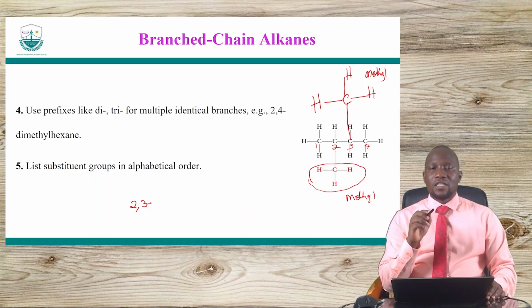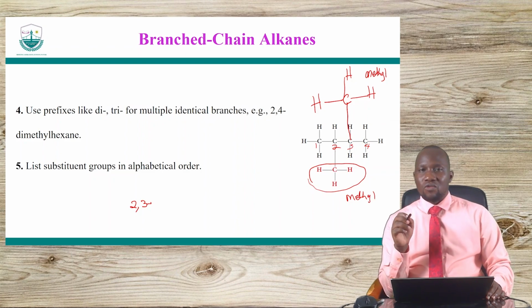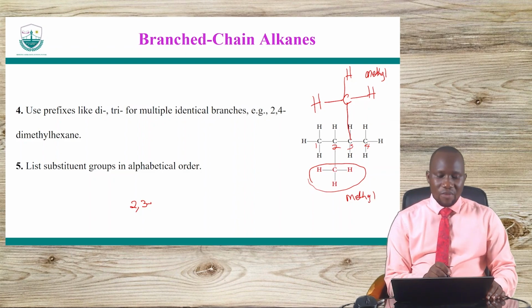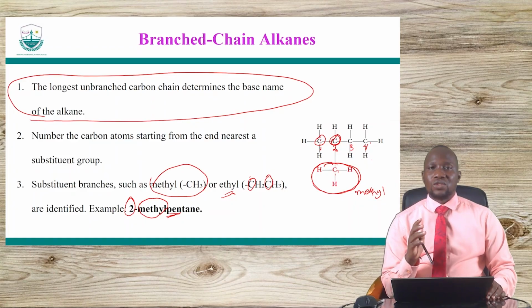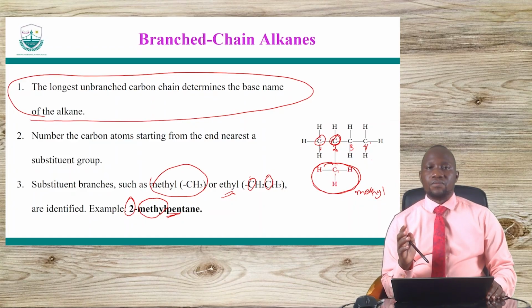That prefix means the number of the groups that we are talking about. The moment you have more than 1, you need to indicate whether it is di, if there are 2 groups that have branched, or tri, that means 3 groups have branched. And you need to indicate the positions of where those groups have branched from.